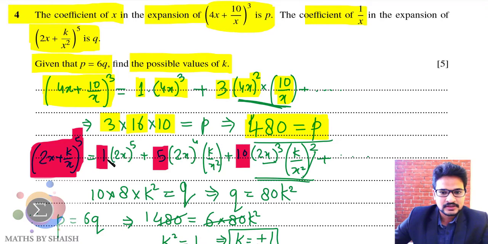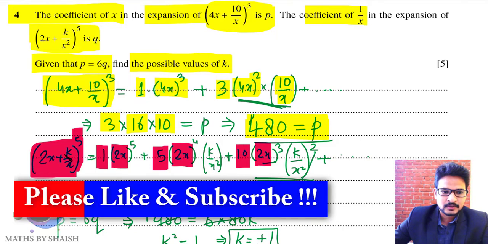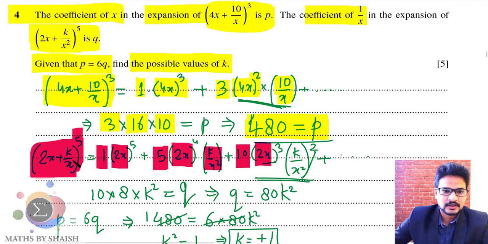So here we can see that the first power is 2x to the power 5, then 2x to the power 4, and then 2x to the power 3, and so on. It will reduce till 0, and the other term is k over x squared. It is not k over x, it is k over x squared. I will write it here, k over x squared.